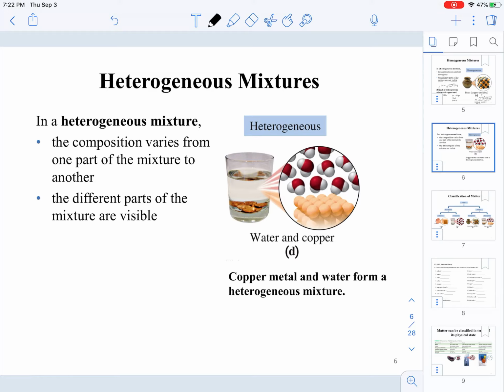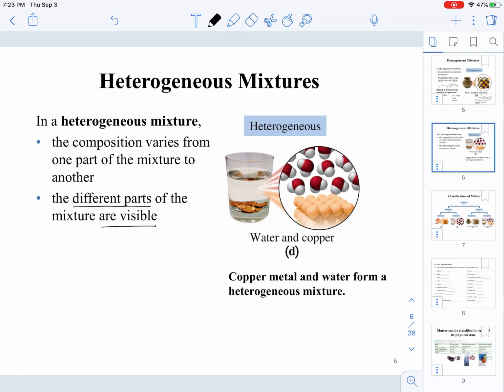Now, let's explore heterogeneous mixtures. In a heterogeneous mixture, the composition varies from one part of the mixture to another. The important thing is that in a heterogeneous mixture, we are able to observe the different parts.